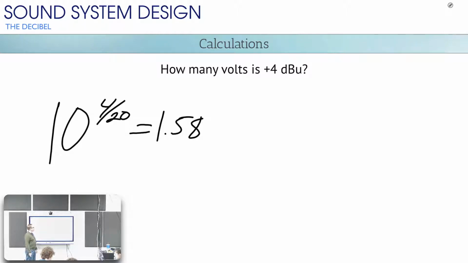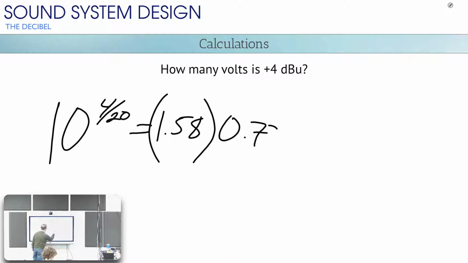Okay? So if I want to know how many volts is plus 4 dBu, I just have to multiply this number by the reference level for dBu. And what is the reference level for dBu? 0.775 volts. What does that equal? Should be 1.23 if you round up, right? 1.23 volts.